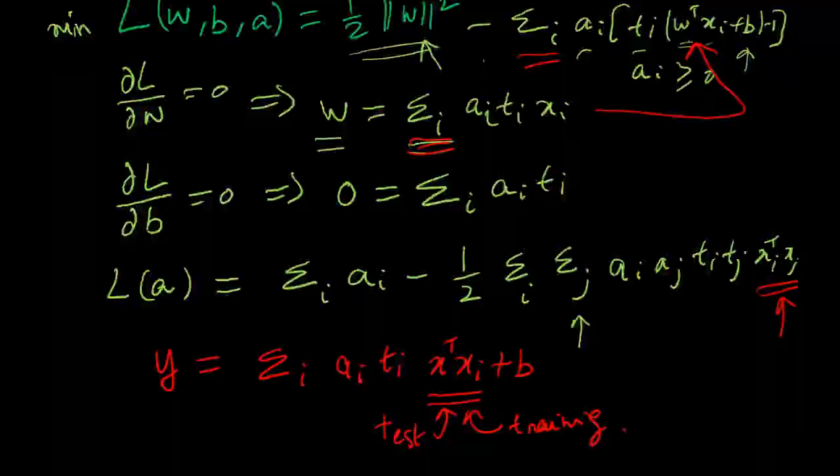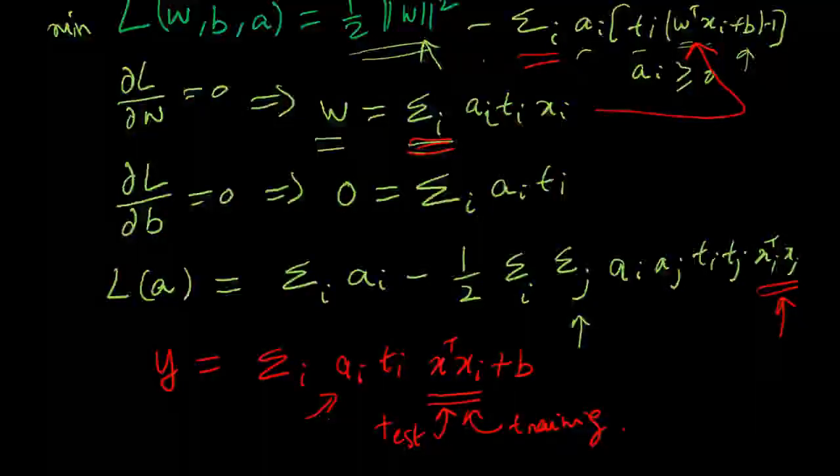Well, no. ai is greater than or equal to 0, and for some training points, ai will be exactly 0. Those training points will not be part of this summation, which means they are not going to be support vectors. If ai is strictly greater than 0, then they will be part of this equation, and those will be the support vectors.